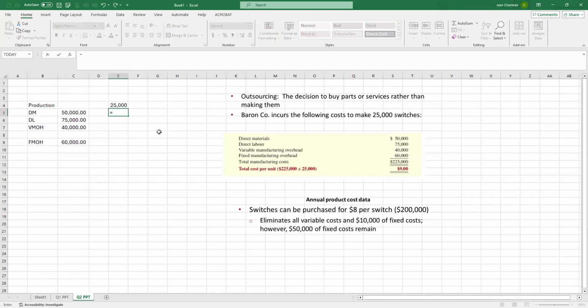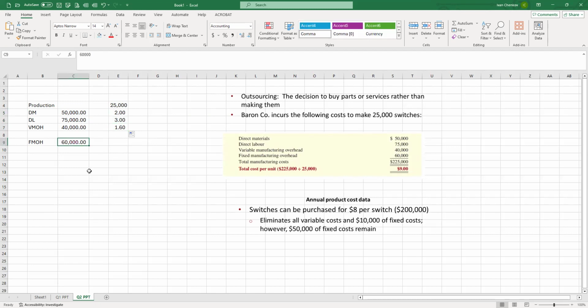So what's my cost per unit? Direct material per unit. How much will that be? $2, right? So what will be my direct labor cost? $3 and $1.60. Fixed manufacturing overhead. Do I have to convert it per unit?